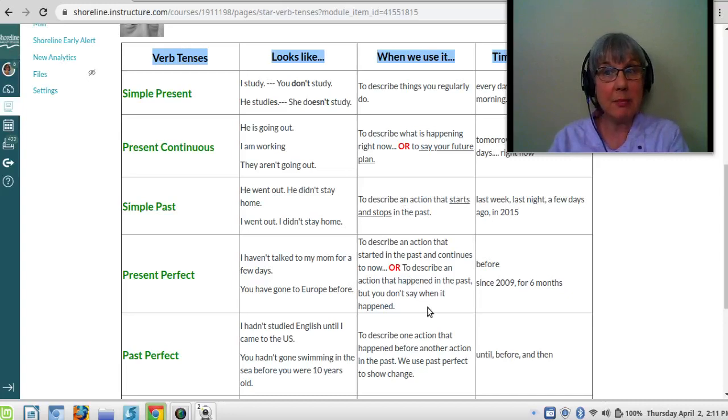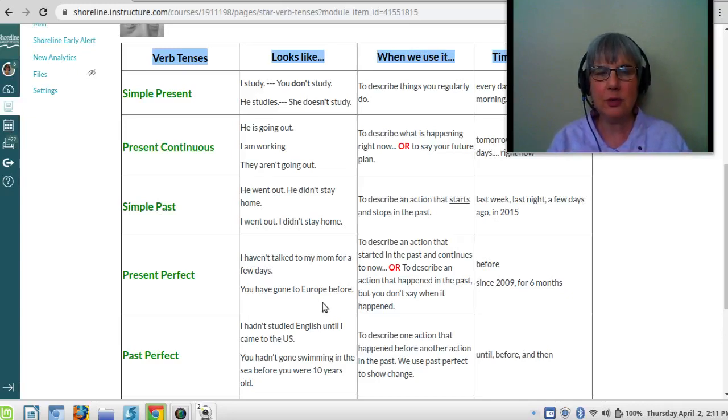If it happened in the past and ended in the past, it's an experience. Don't say when, you just say before. For example, I haven't talked to my mom for a few days. That means for a few days, maybe 5 days, no talking. Today, no talking. Now, no talking. I haven't talked to my mom for a few days.